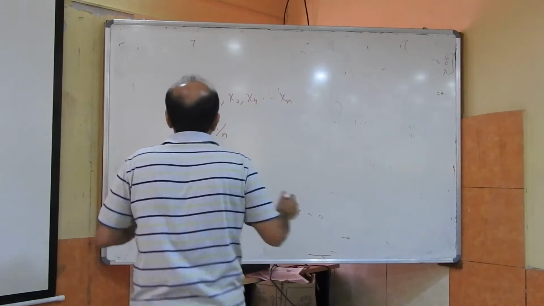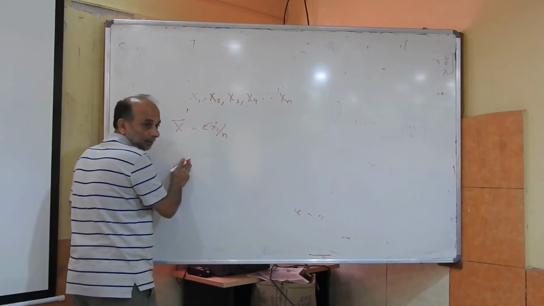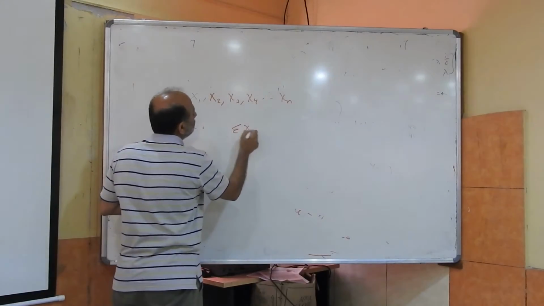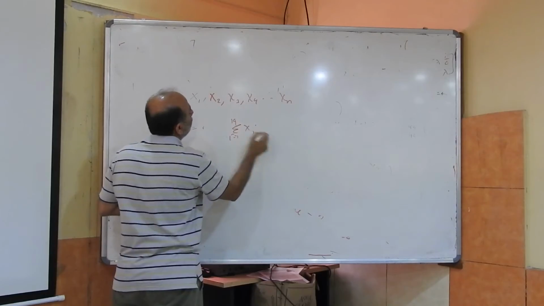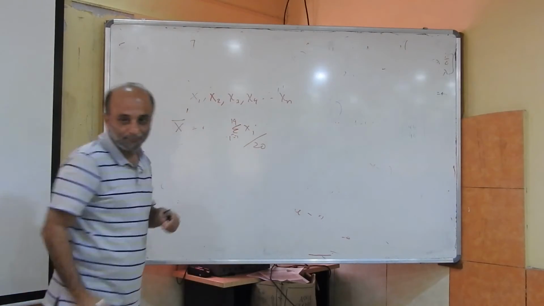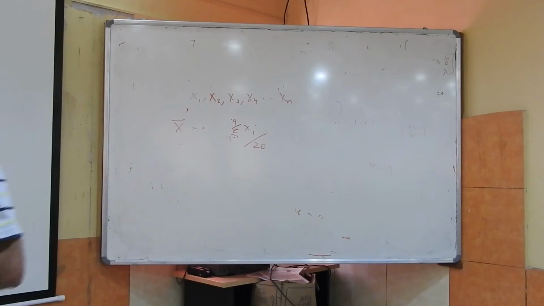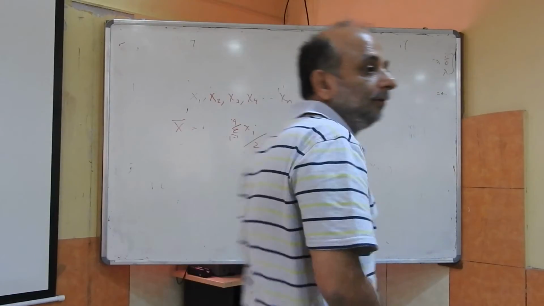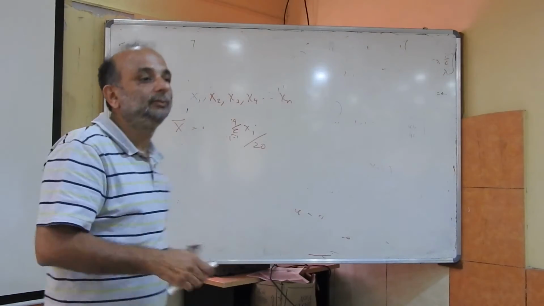So I'll call this x bar dash, which is summation of xi, i goes from 1 to 19, upon 20. Is this an unbiased estimate? Tell me what will be the properties of this. I use this x bar dash as a guess of mu. Tell me what the bias will be.